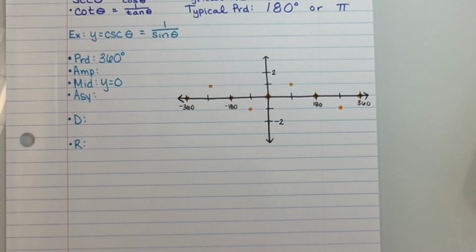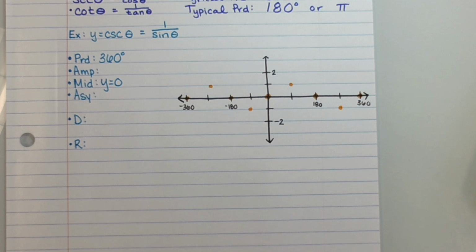You said it right. Reciprocal of 0 is undefined. What does undefined look like on a graph? Looks like something. Straight line. Quinn, what's it look like? It looks like an asymptote.